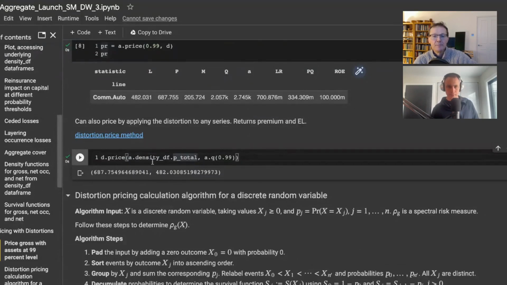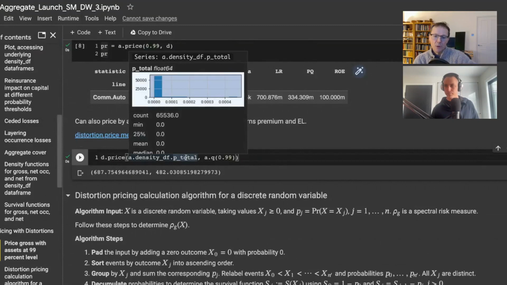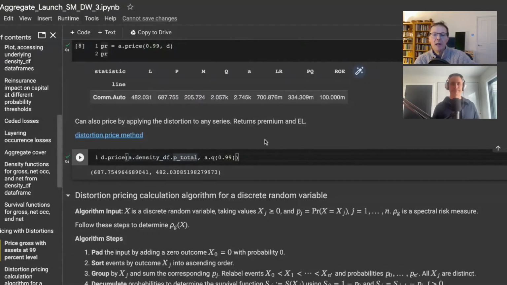And the DF here means data frame, right? Data frame, yep. And then P total, what does that refer to? It's one of the columns in the data frame, right? And it's the probability mass function of our approximation to the aggregate distribution.